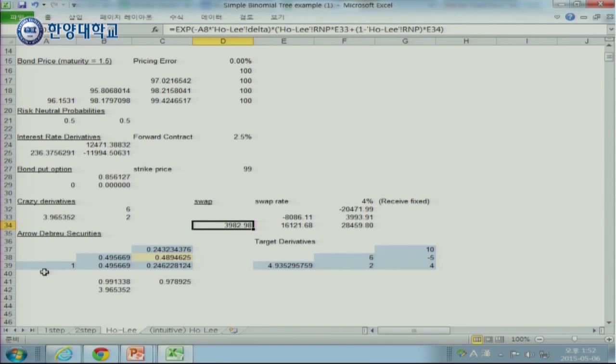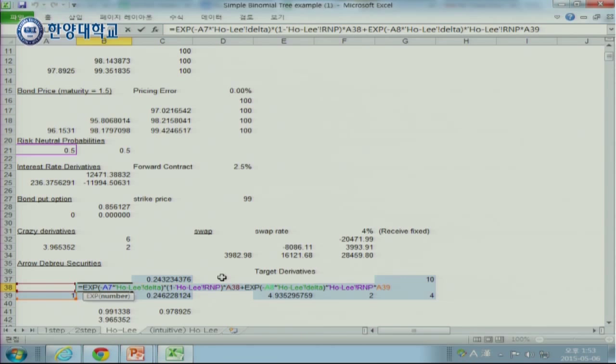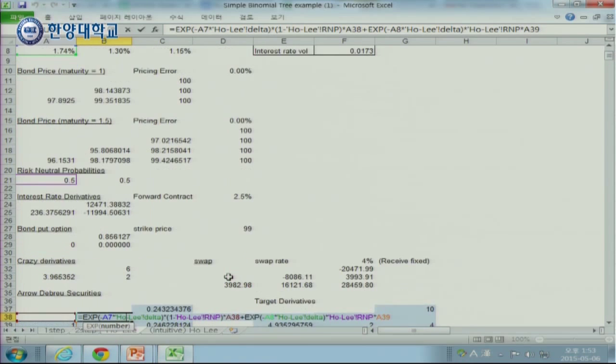Now of course we can calculate Arrow-Debreu securities as well. Right? In case of Arrow-Debreu securities, we can start from 1, and then what we can do is simply, now the risk neutral probability is this one.